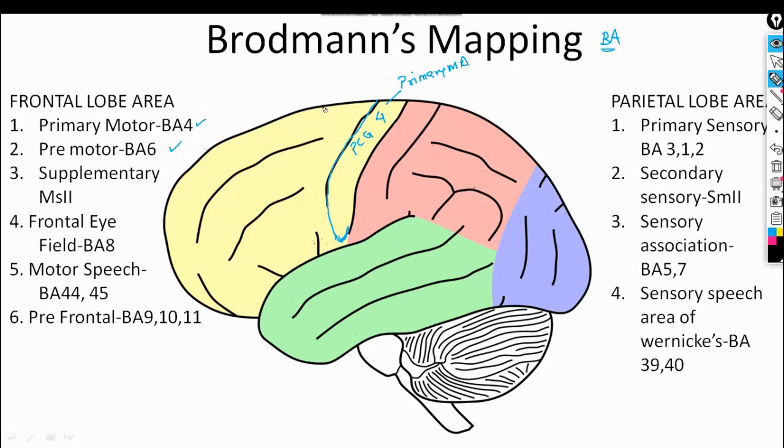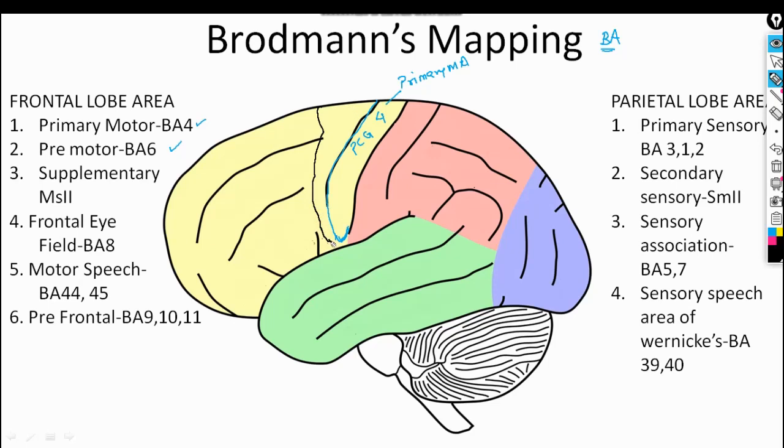Anterior to the primary motor area, here, is the premotor area, Brodmann's area number 6, and it extends this way. On its superior aspect it is broad, and as we move inferiorly it gets narrow.